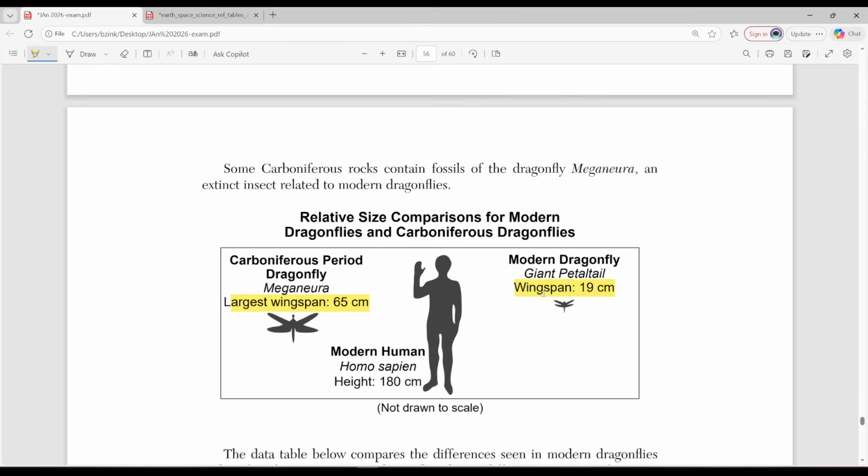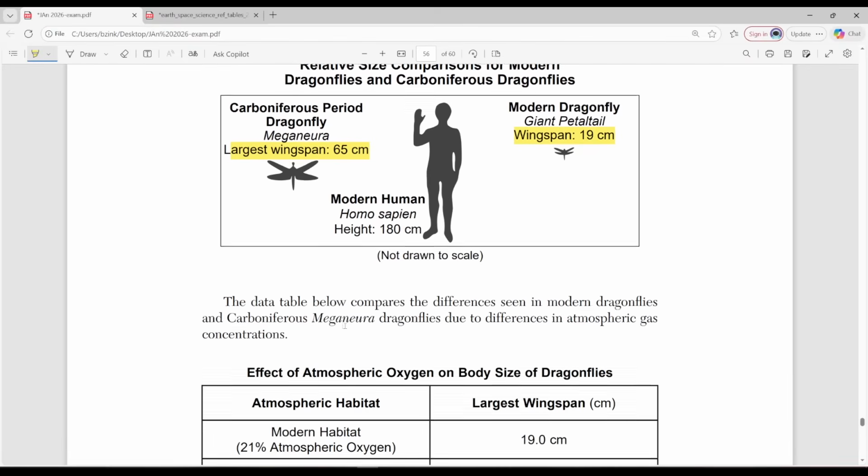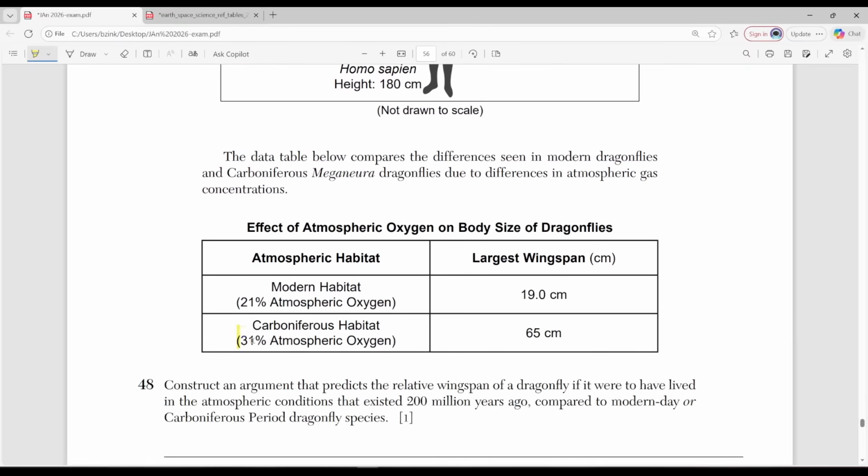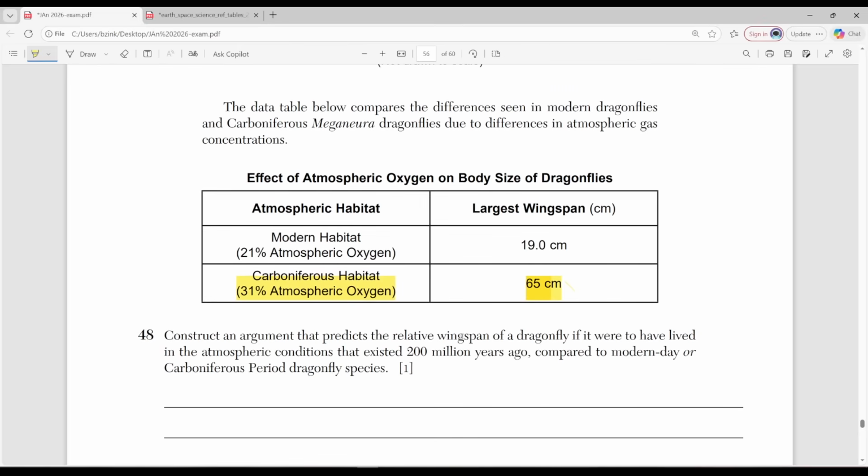So they shrunk over time, and there's our human. And we could see there's more oxygen, which caused the creature to be bigger, because they're going to increase oxygen and makes them bigger. Construct an argument that predicts the wingspan of a dragonfly if it were to have lived in the conditions that existed 200 million years ago compared to modern day.